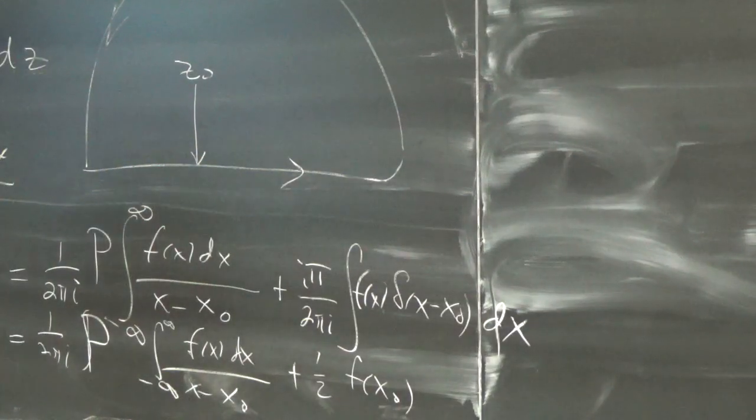So then, as we take the limit of epsilon going to 0, this is just f of x0.